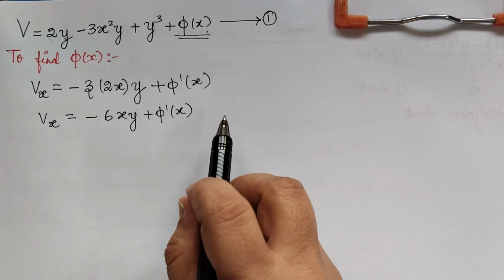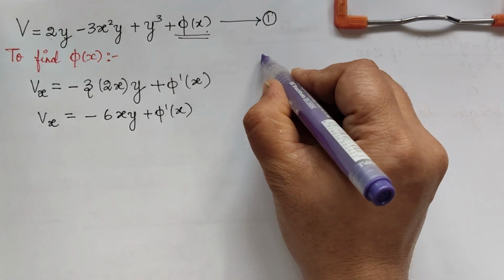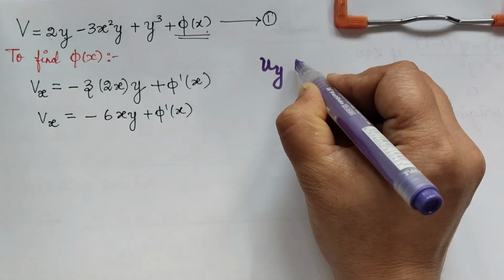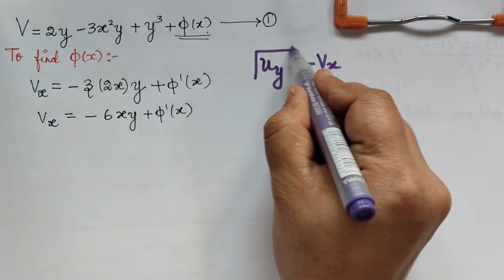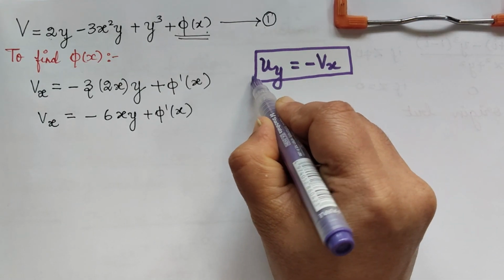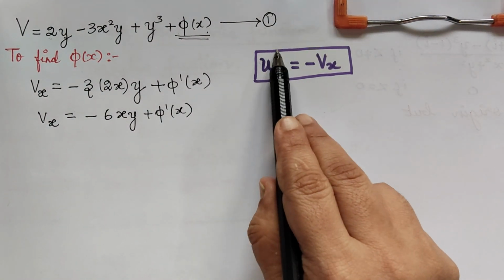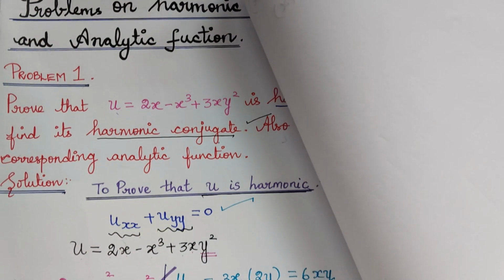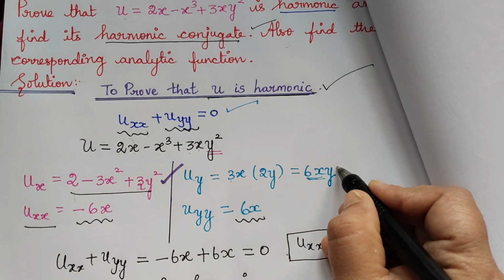Now we are going to make use of the second CR equation. By the second CR equation we know that u_y is equal to minus v_x. So we are going to make use of this. Now in this we shall substitute what is u_y. We have already found u_y previously. That is u_y is equal to 6xy.